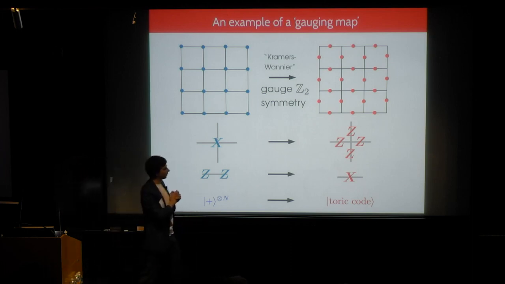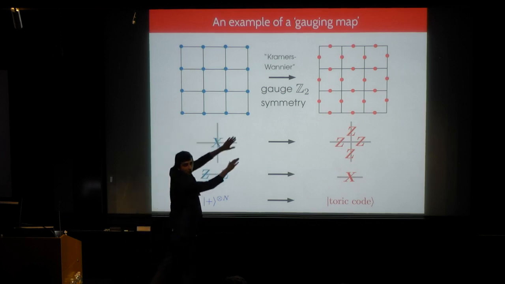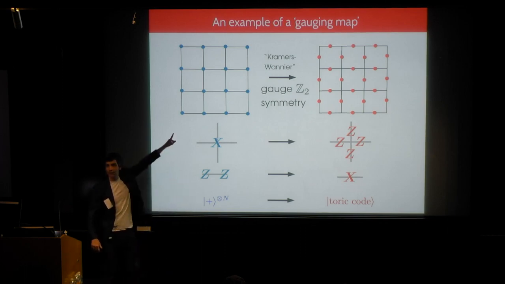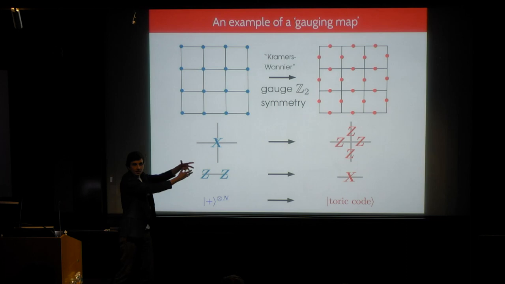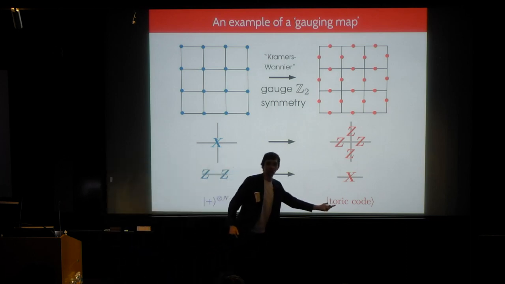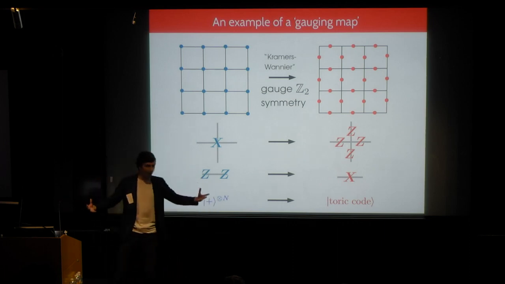Okay, so what that means, for example, in practice. Here I'm writing down the general rules, and using these rules you can figure out what any state here maps to on the other end. Just to give you a sense, if you input the simple product state on this lattice and apply this map, the output is the toric code wave function. So that hopefully conveys that this is a very non-trivial map. It creates a lot of entanglement.